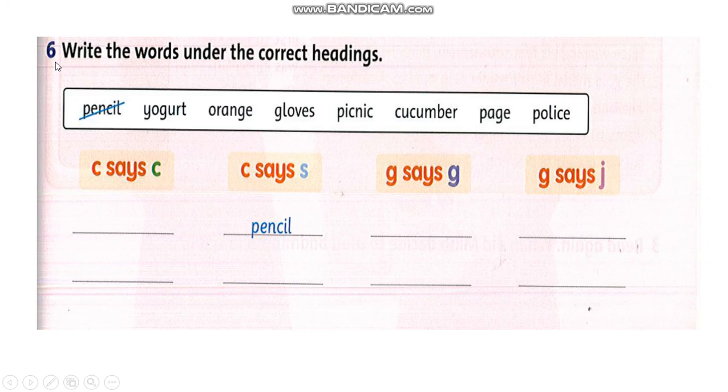Now, let's move on to exercise number 6. Write the words under the correct headings. Pencil, yogurt, orange, clove, picnic, cucumber, page, police. Now, C says K. What are these?